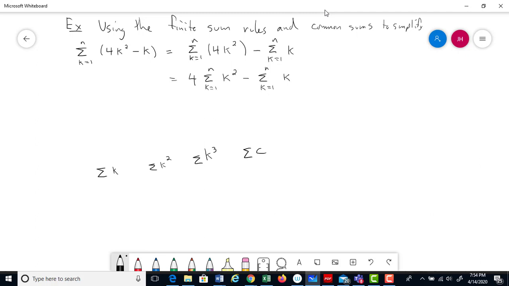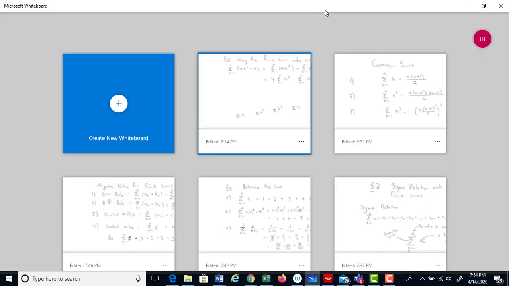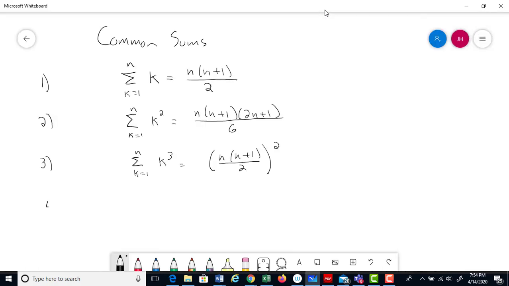I know those things, so I can go back to my summation rules. The summation from k equals 1 to n of just a constant is n times c. So what I'm looking for is these things, so then I can turn them in terms of n.